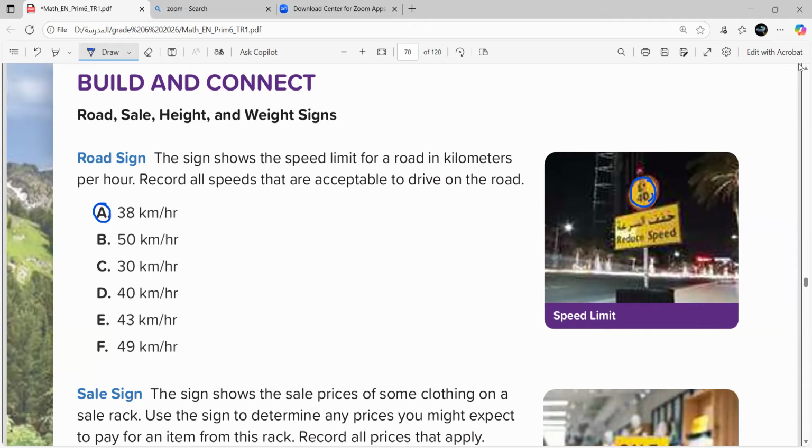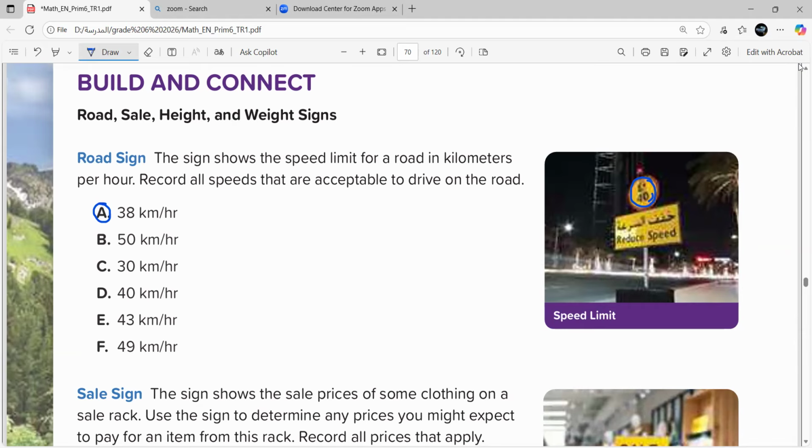So the car can move or travel at 38 kilometers per hour. It's acceptable. And 50 kilometers per hour, is it acceptable? No, the maximum speed is 40. Okay, so this is not acceptable.